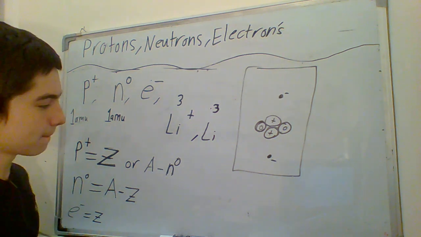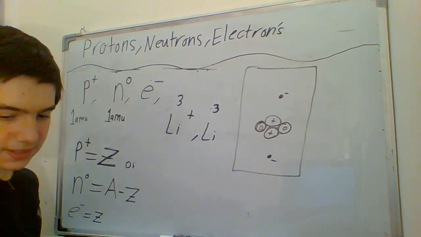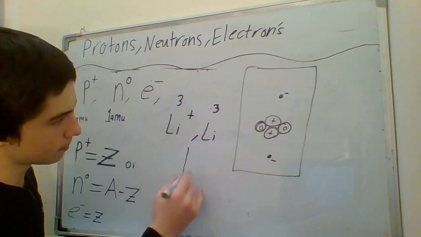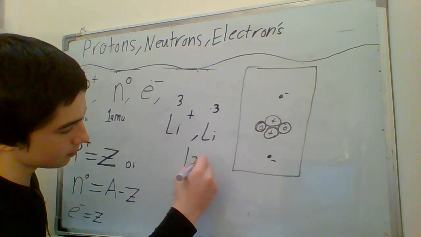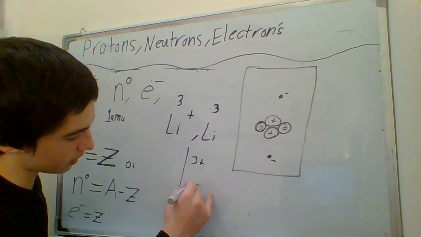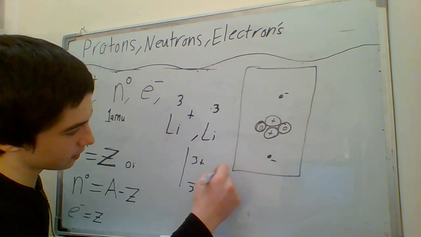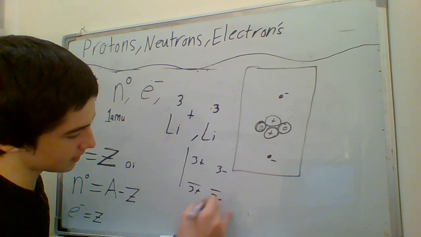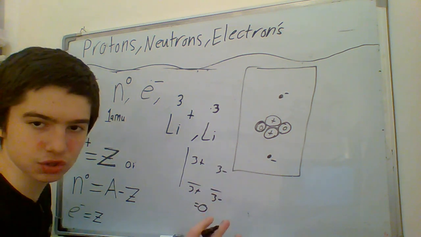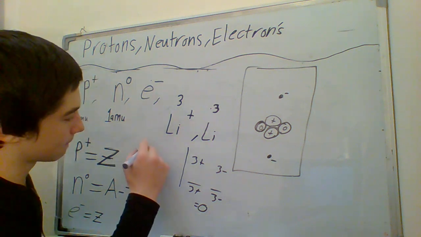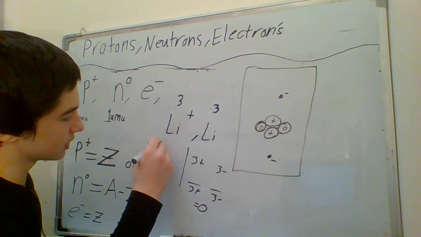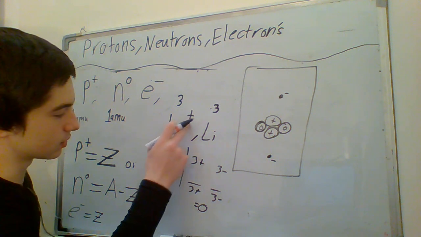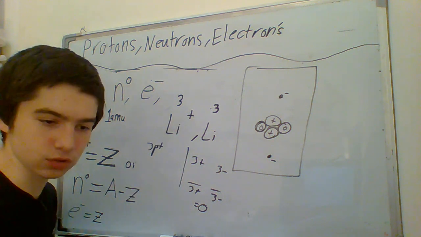Simply, what you do is start first with the neutral one. You write 3 plus, and we write 3 minus. So that equals 0, no charge. Now we go here. We write 3 plus, and it's a cation. What about the number of electrons?